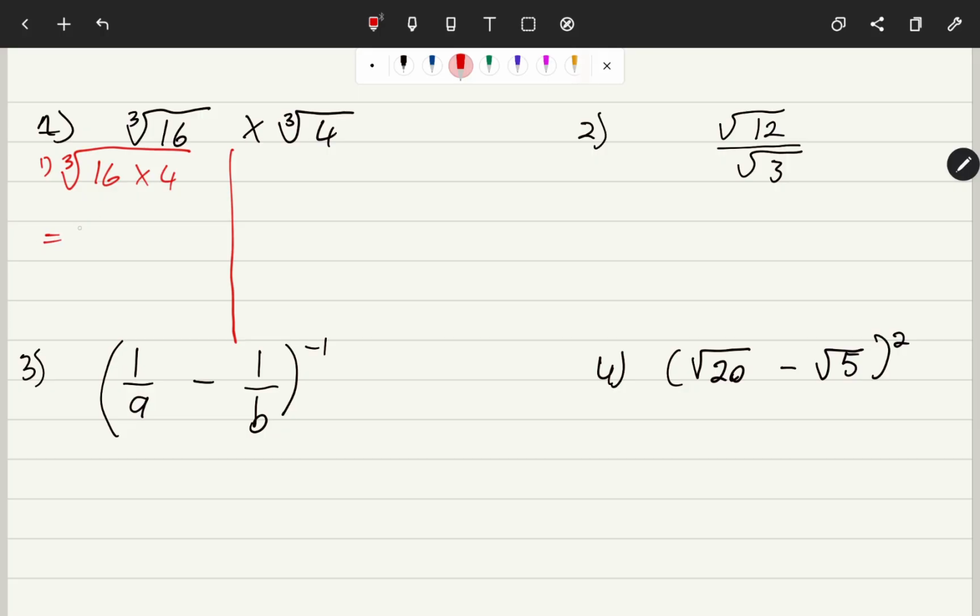And then of course you realize this is 4 times 4 times 4, which is 4 to the 3, and then the 3s cancel each other. Your answer is 4, and of course it comes from 3 divided by 3, which is just 4, right?